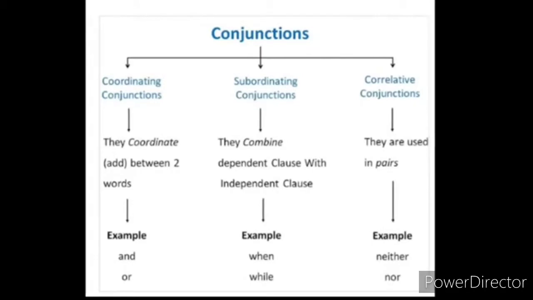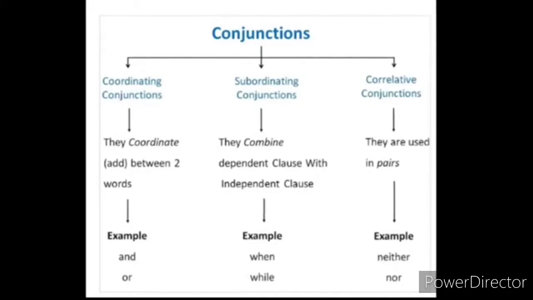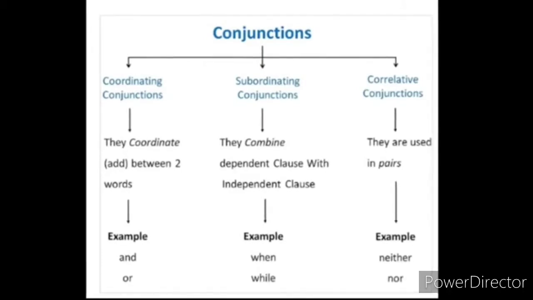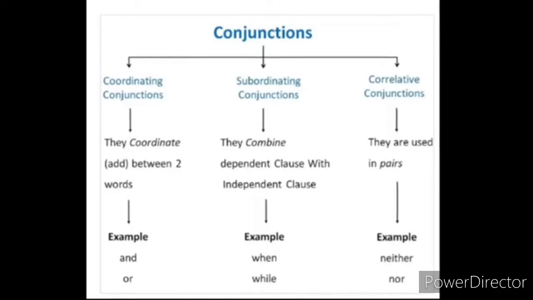And look at the second one, that is subordinating conjunction. Subordinating conjunctions combine the dependent clause with the independent clause. What is meant by dependent clause? That is, it depends on the second part of the sentence. For example, when and while.